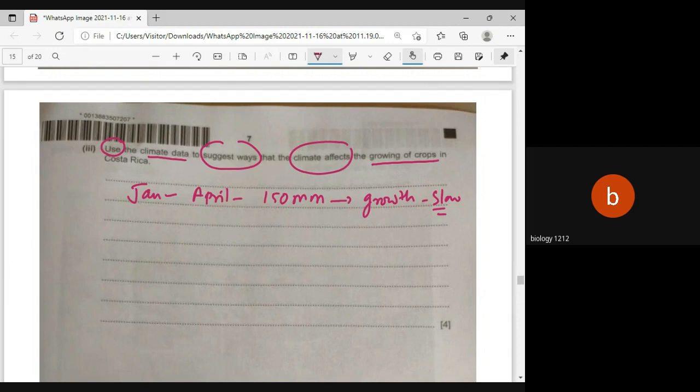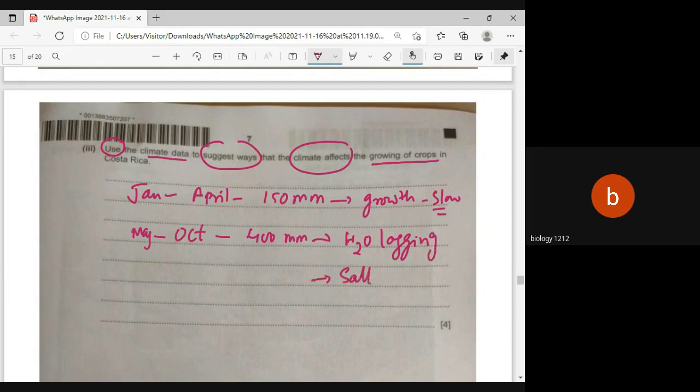Whereas if you see during the May month to, let's say, October month, where we have the heavy rainfall, during this time the 400 amount of water rainfall is there. So it may cause water logging. So water logging will affect the formation of salt also.